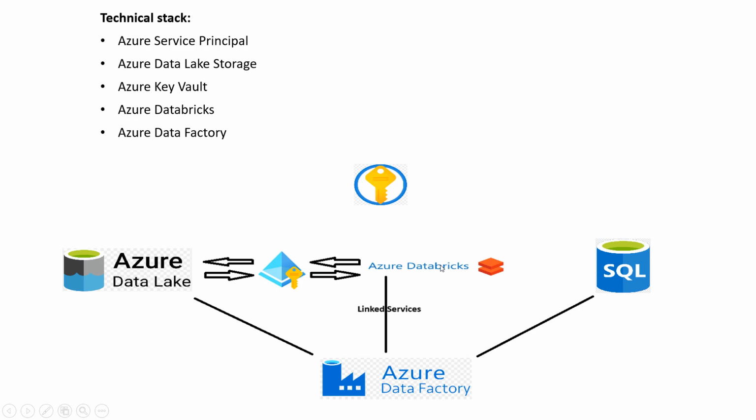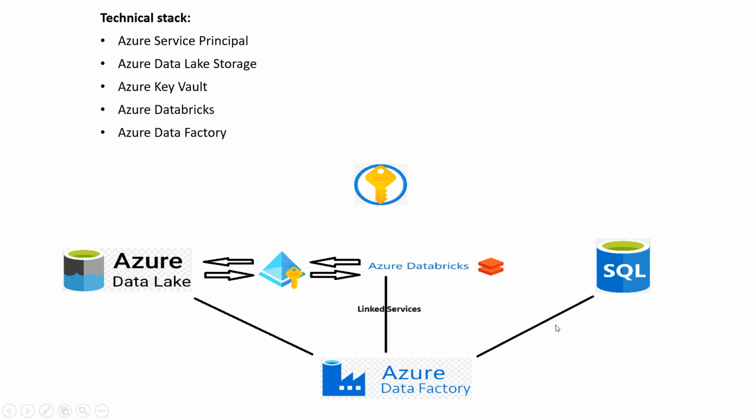Azure Databricks, where the actual data processing happens. SQL DB, where the resultant data is going to be stored. Azure Data Factory, it is for creation of a pipeline to achieve this whole process.